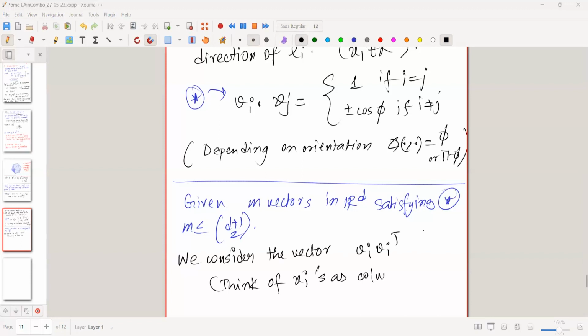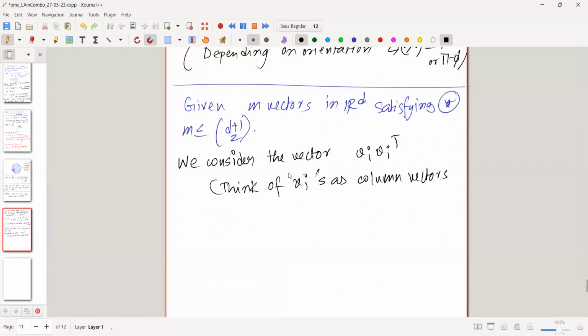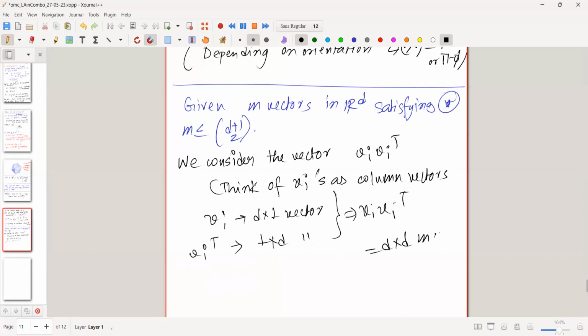If my Vi is a d cross 1 vector, then Vi transpose is a 1 cross d vector, so Vi times Vi transpose is a d cross d matrix.